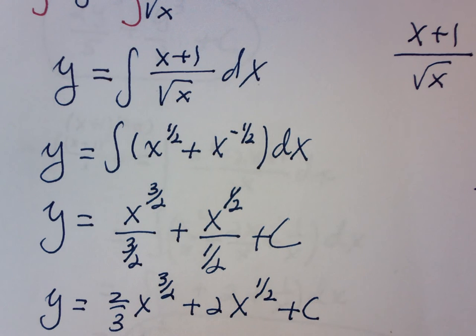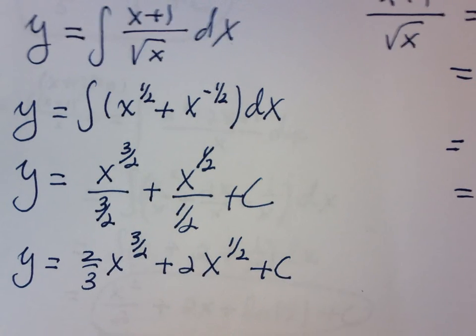And by the way, after you do a bunch of these, you're going to say x to the 3/2 times 2/3. You'll do the flip in your head. But until then, put it in and you'll get used to working with it the other way, because you'll do it often. So now I need to find c.